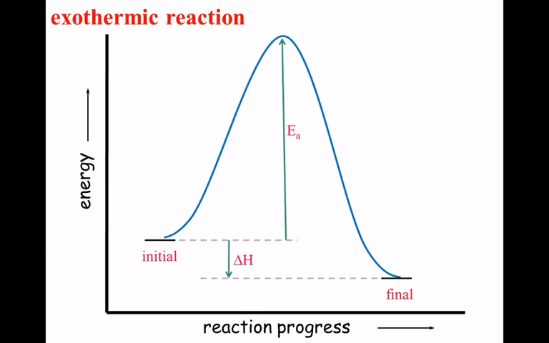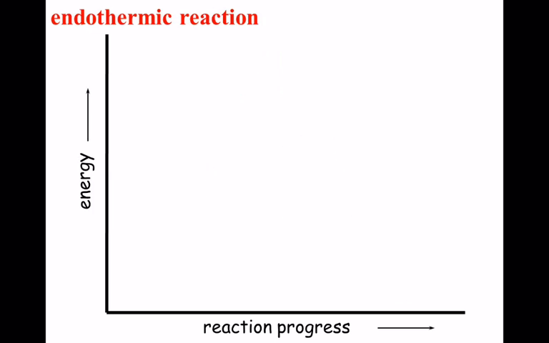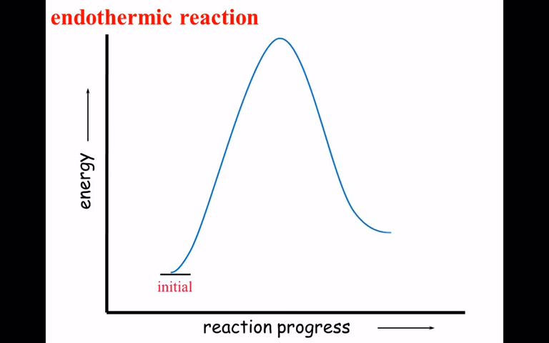Okay, cool. So that was exothermic, energy is given off. Endothermic, energy is taken in. So that's why you're going to see that in your final state, your products actually have more energy than your reactants. Okay, here's the hump. There's your products. We could come up with the enthalpy of the reaction. It's final minus initial, so it would be positive.